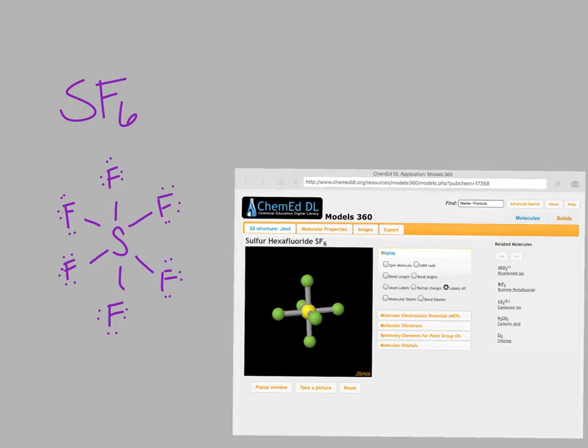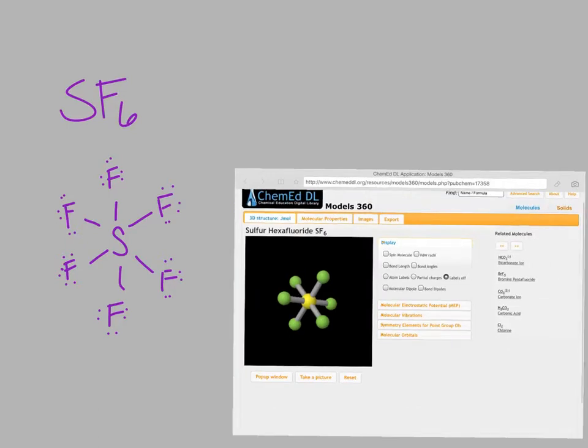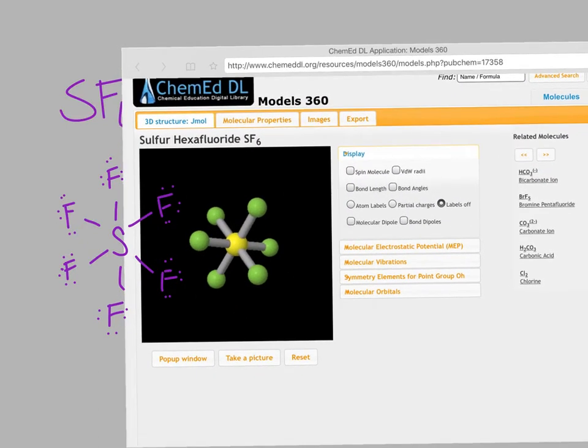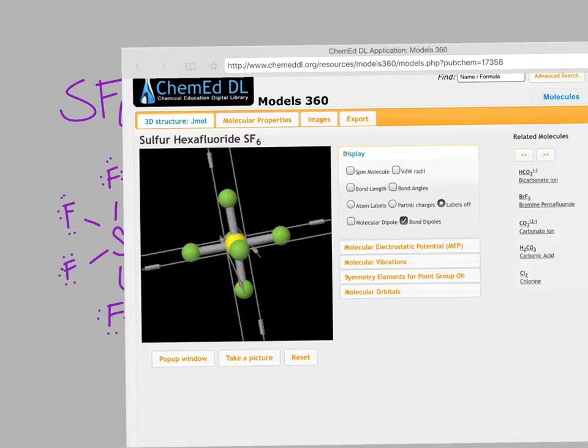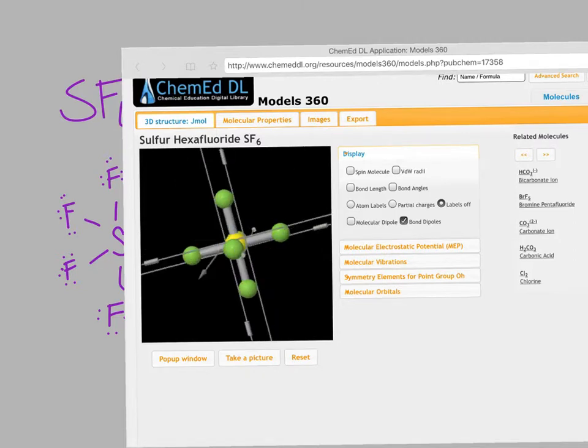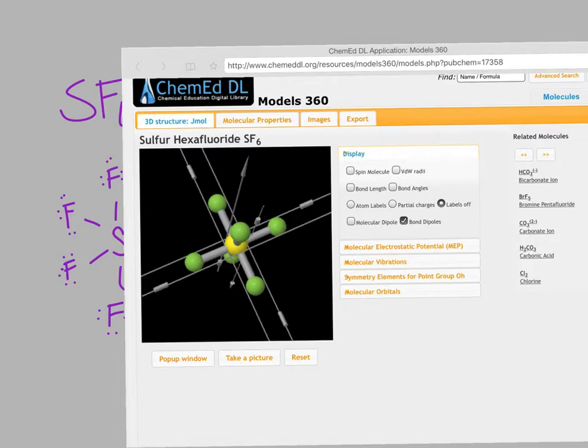so if we look at the bond dipoles, they're going to be big because fluorine is very electronegative, right? So here we go. So you can see how they cancel each other out, and they're so long.